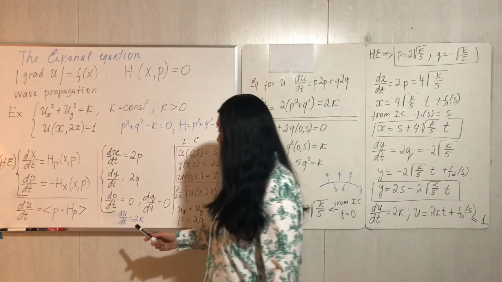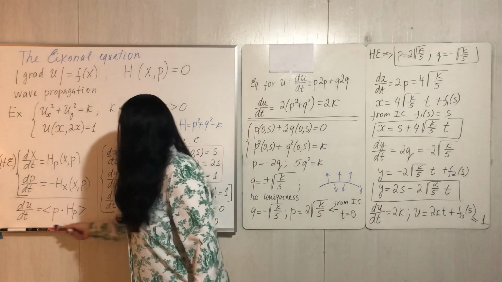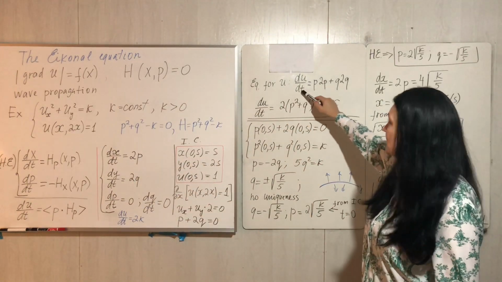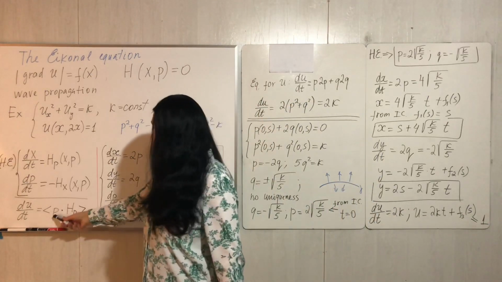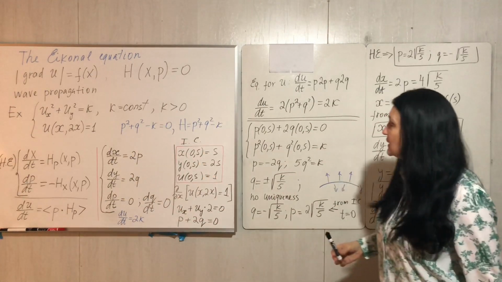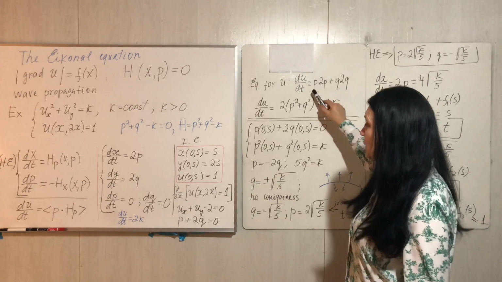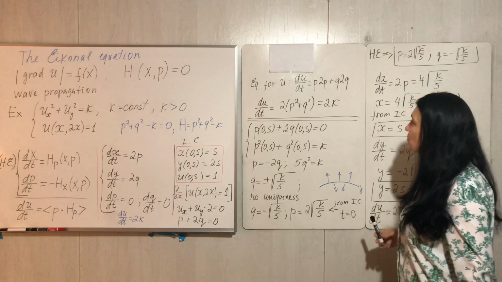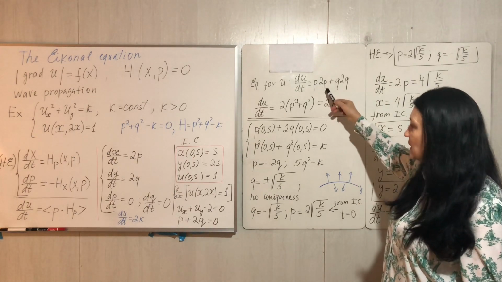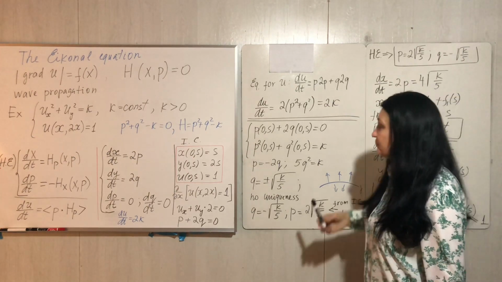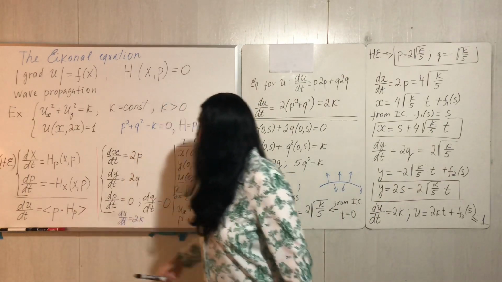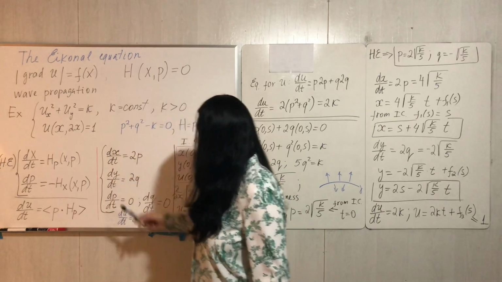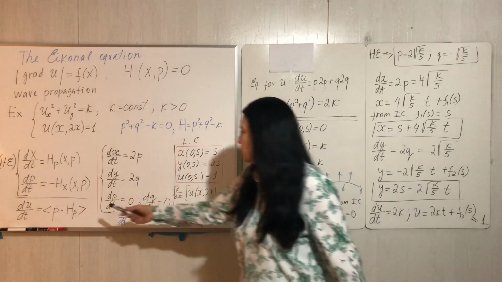And what is our equation for u? For u, we have du/dt equals, and here we must have a dot product, p and H_p. So p times, when this is differentiated with respect to p, it will be just 2p, so p times 2p plus the second component of this vector. Here p is a vector, in this example our vector p corresponds to pq.